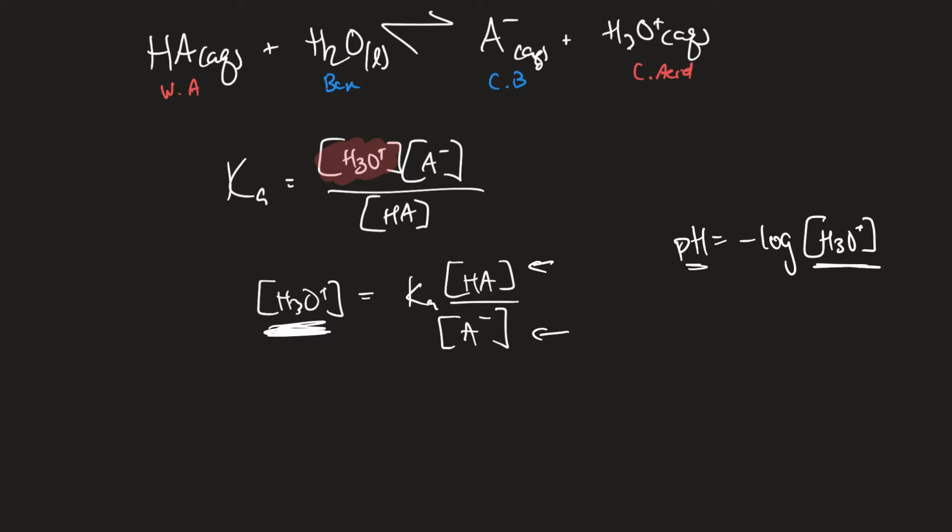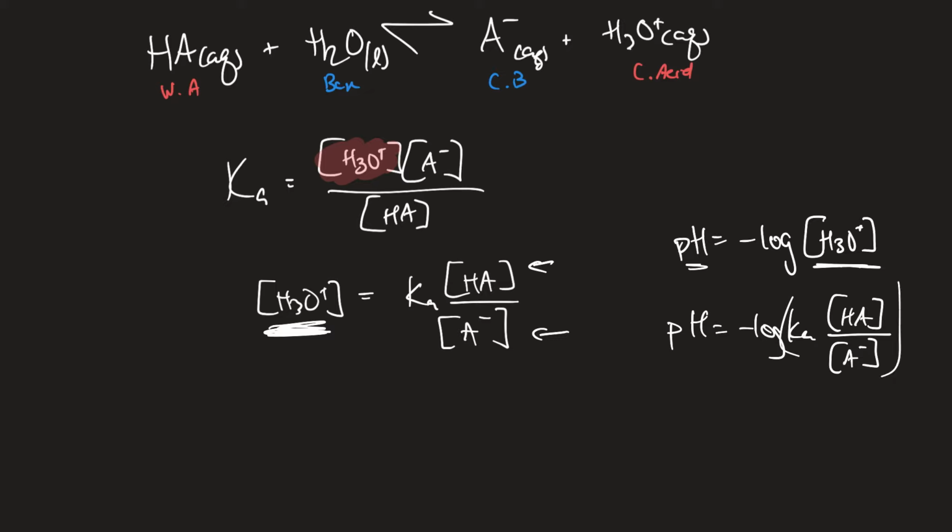So pH is equal to the negative log of Ka times the concentration of HA over the concentration of its conjugate base.